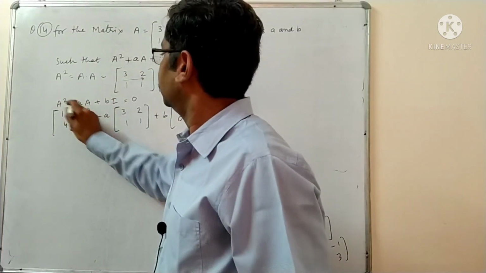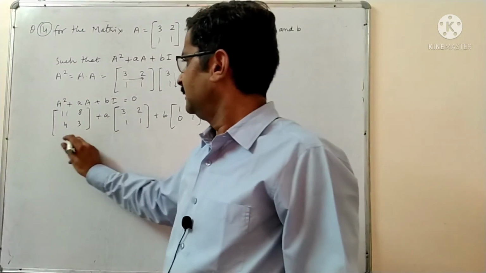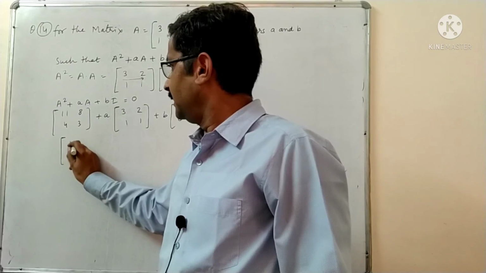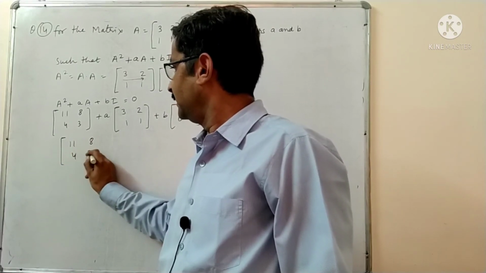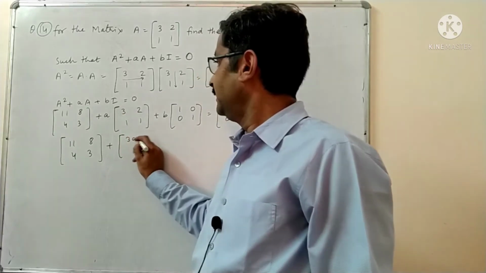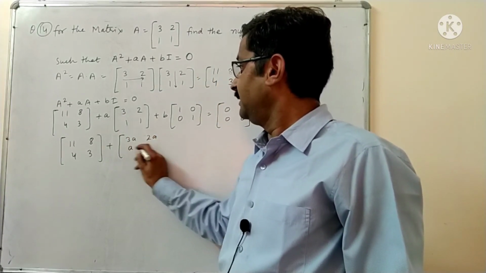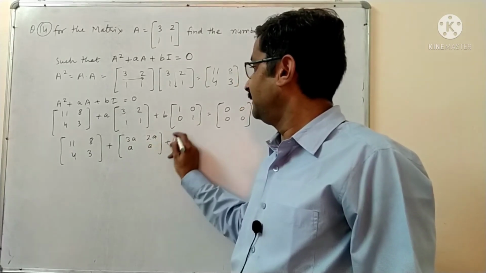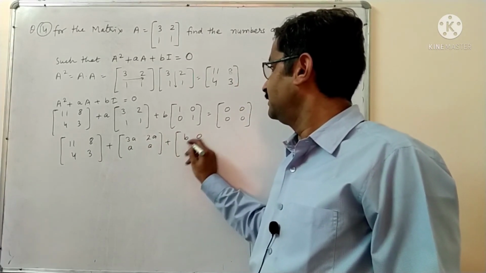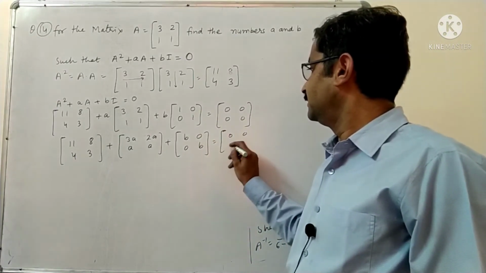Sorry, plus, okay. Here is the plus sign, and then you solve 11 8 4 and 3, and this by a you will multiply, you get 3a and 2a and a and a, and here you multiply by b, so b 0 0 and b, and this is equal to 0 0 0 0.